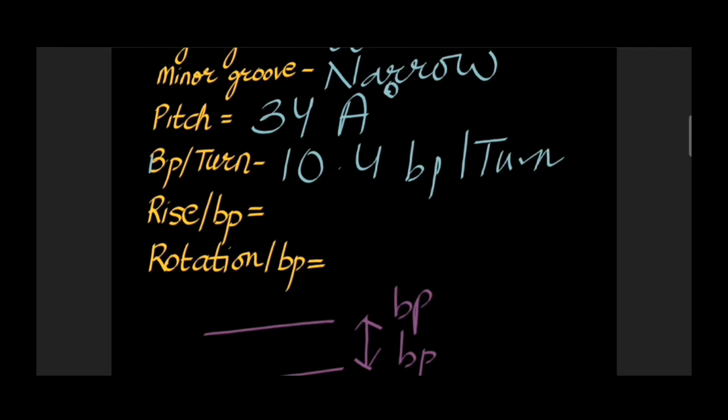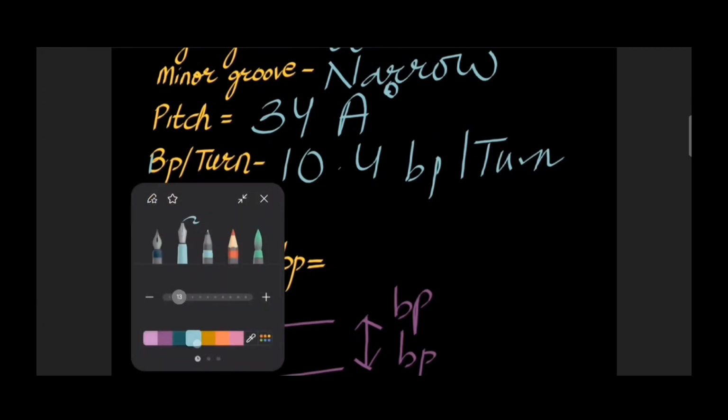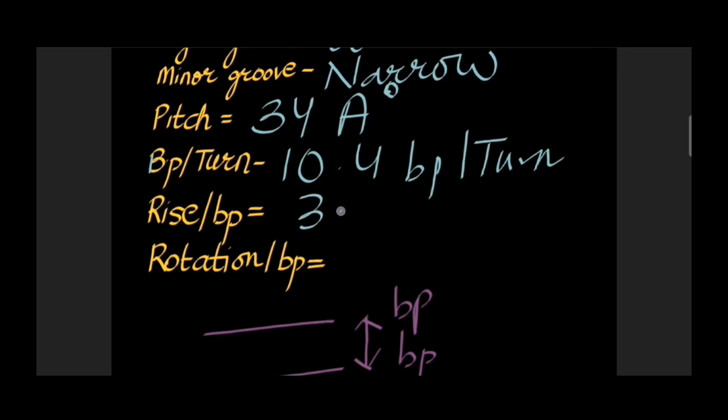So we can say that it is 3.2 angstrom, right? If I talk about it in nanometer, that will be 0.32 nanometer, right? Okay, so that is the rise per base pair.